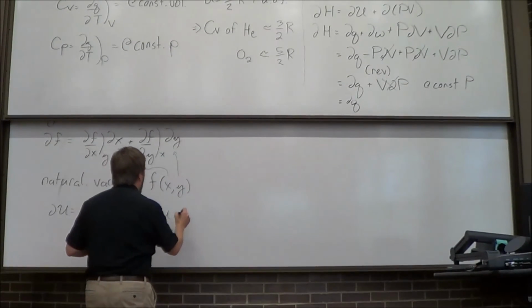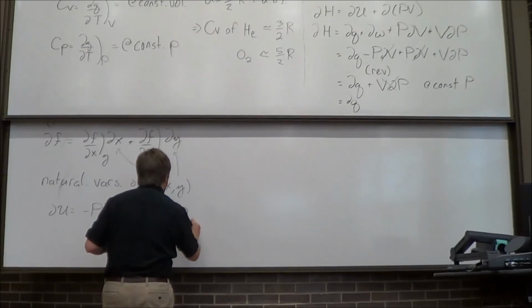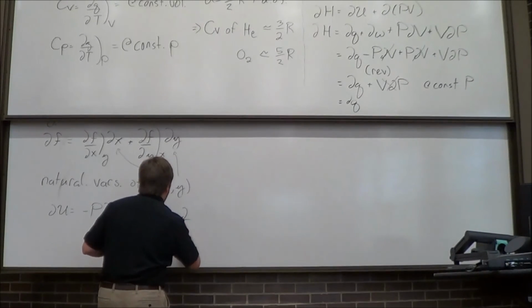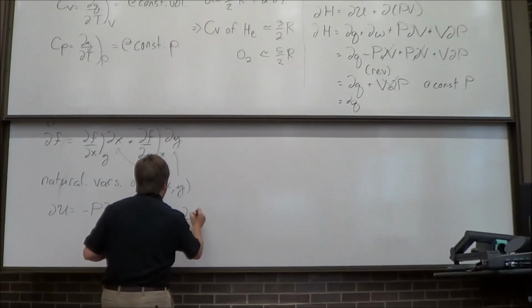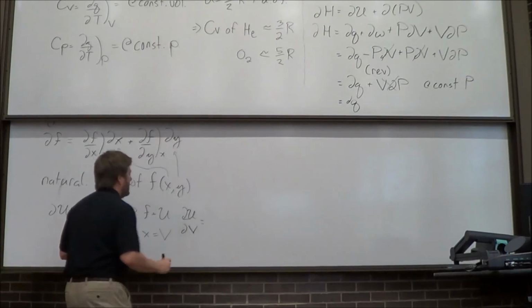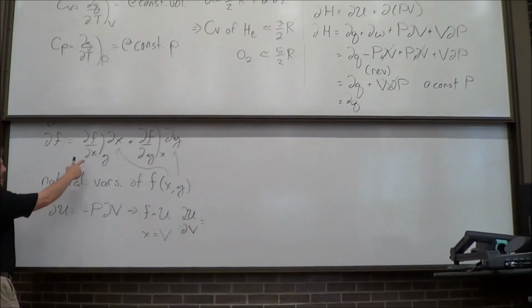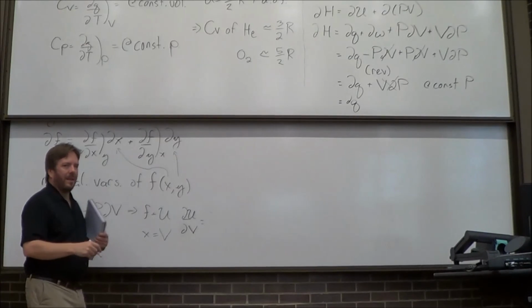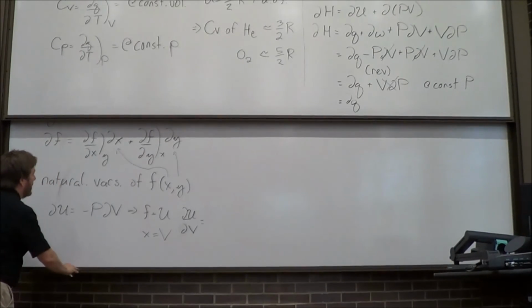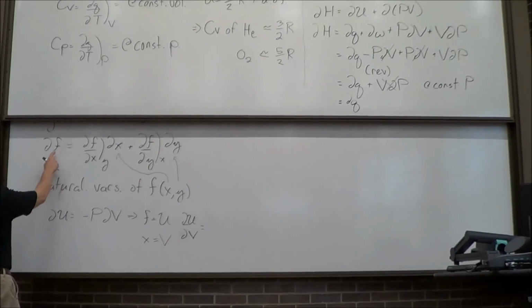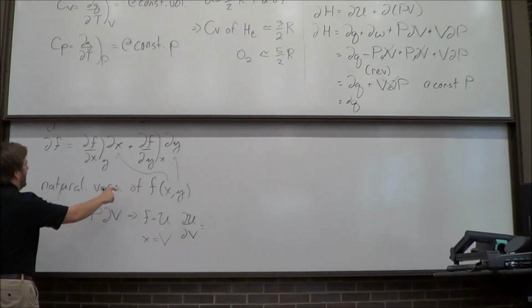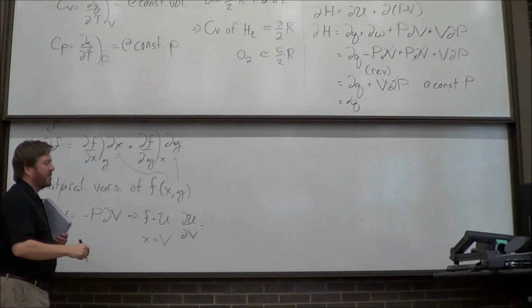But now the hard one is what is df dx? What is du dv? Now there's three parts. You've identified u, you've identified v, and now I'm looking for df dx, so du dv.